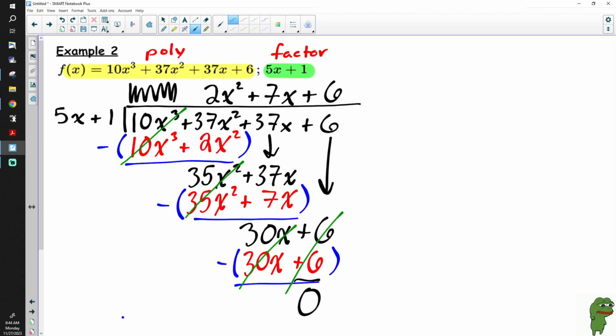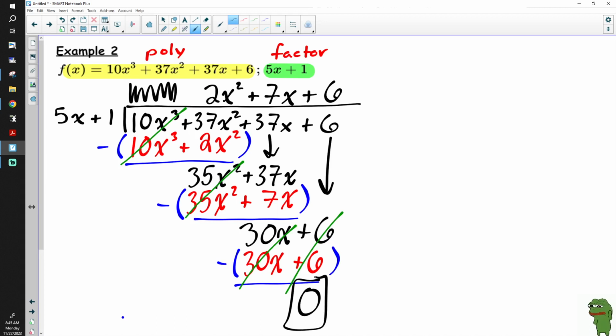0. Which, should I always get a 0 here? Yes, because the problem gave us a factor. If it doesn't go in evenly, it's not a factor. A problem will not result in a remainder because then you can't do it.